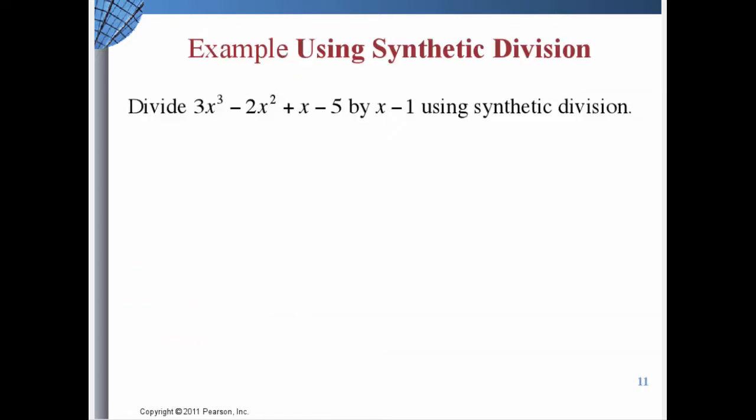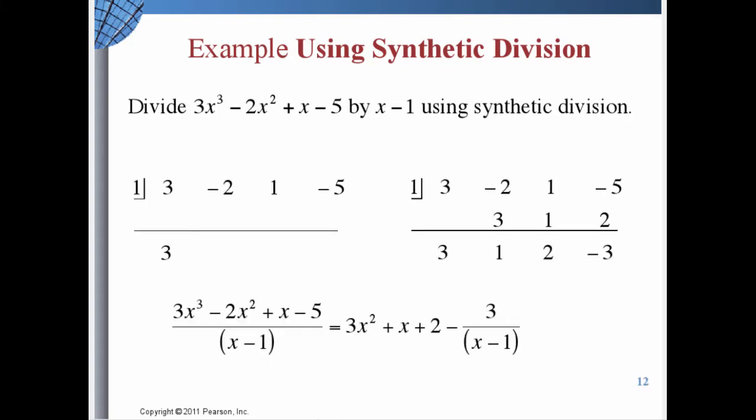And now we're going to take a look at synthetic division. We want to divide 3x to the third minus 2x squared plus x minus 5 by the linear factor x minus 1 using synthetic division. So let's take a look at what this looks like. In a synthetic division problem, remember, this is our potential zero.